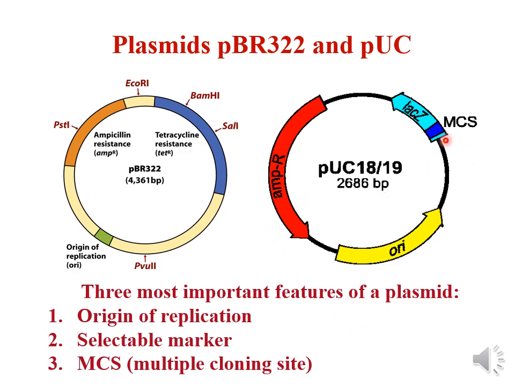The plasmid will be divided into two fragments or three or more fragments, which we do not want. We want that this circle should be opened from one place, so you can put your gene in the multiple cloning site. And moreover, this multiple cloning site should not be present within the region of replication.